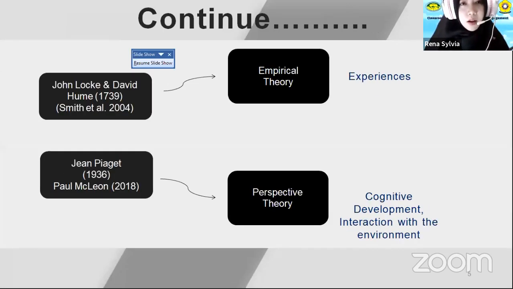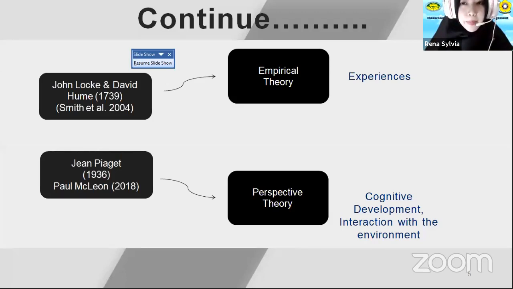Then another theory is by John Locke and David Hume in 1739, also added to by Smith et al. in 2004. It is in the philosophy of education about learning language. There will be empirical theories.